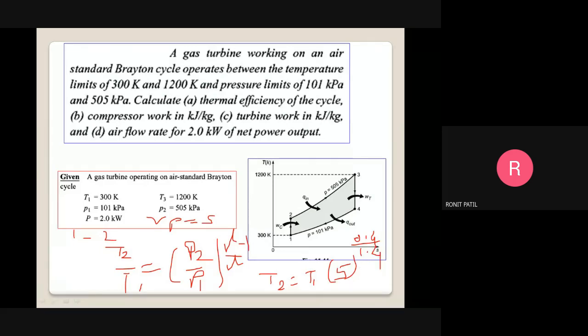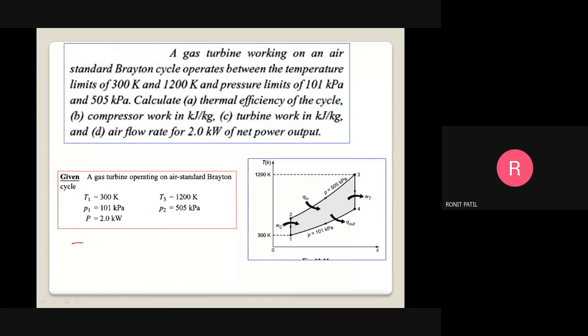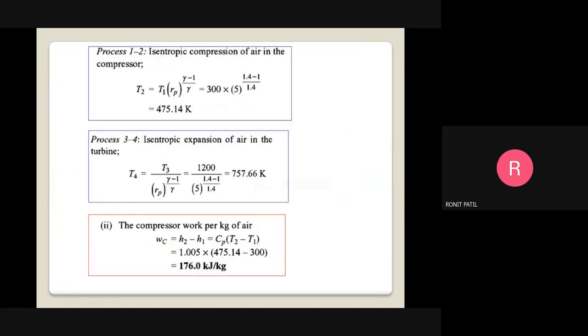T1 is given as 300, so 300 into 5 raised to 0.4 divided by 1.4. Find out T2. 475 Kelvin. So let's check. Yes, 475 Kelvin is T2.